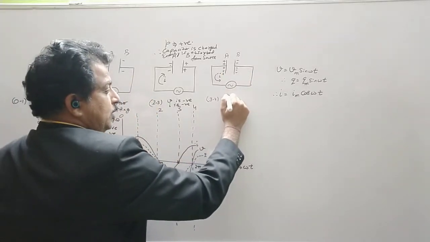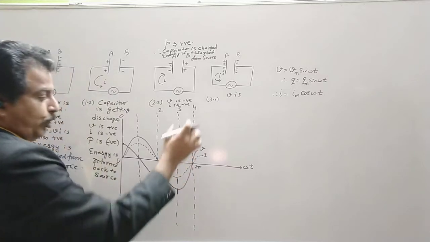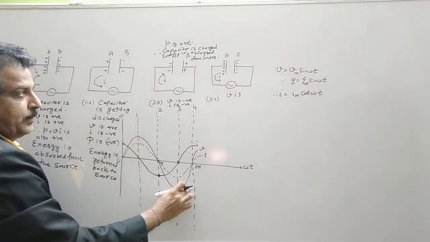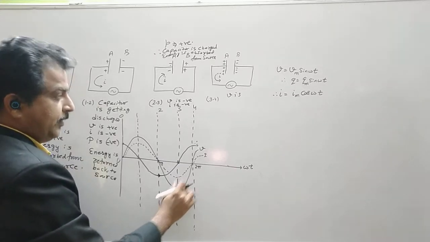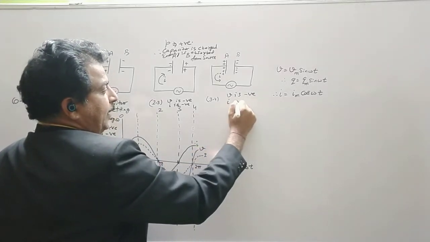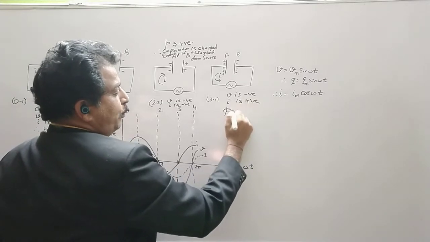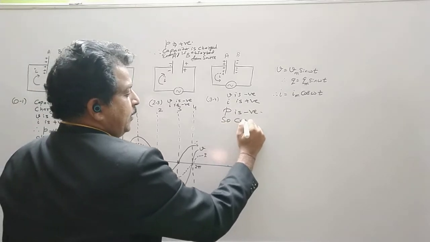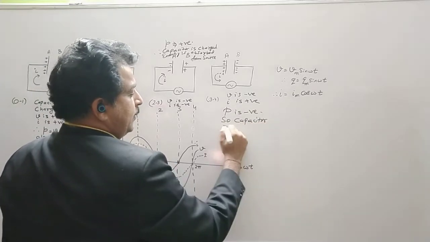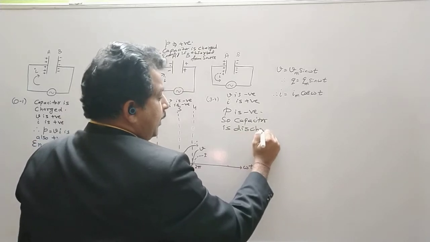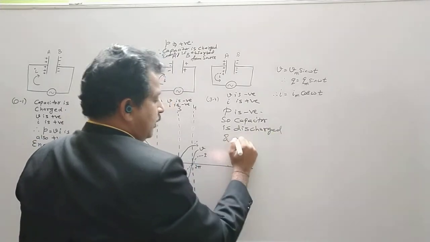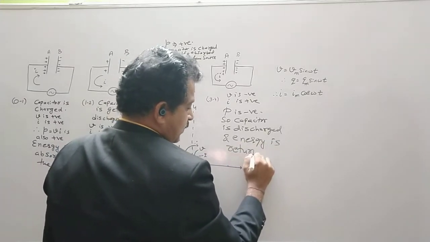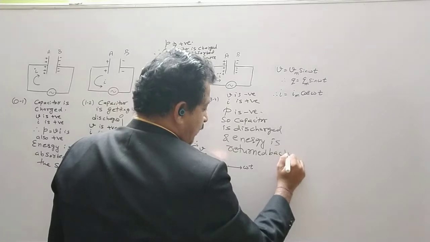Now if you see, for 3 to 4, V is negative, I is positive, so P is negative, that is the product. So the capacitor is discharged again and energy is returned back to the source.